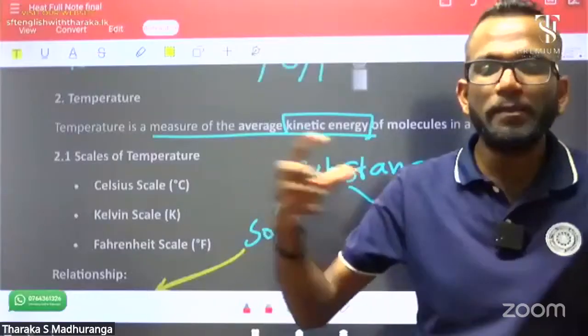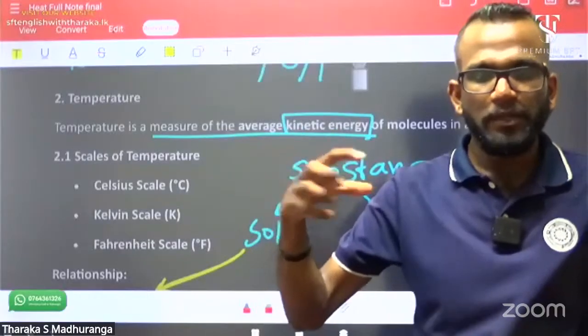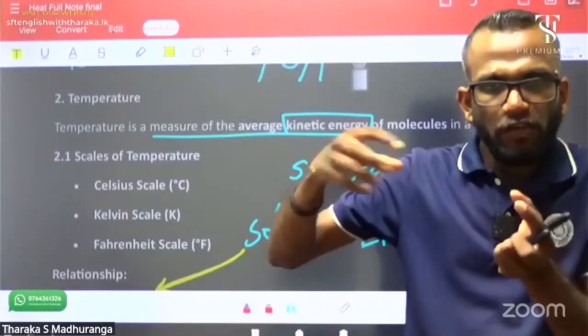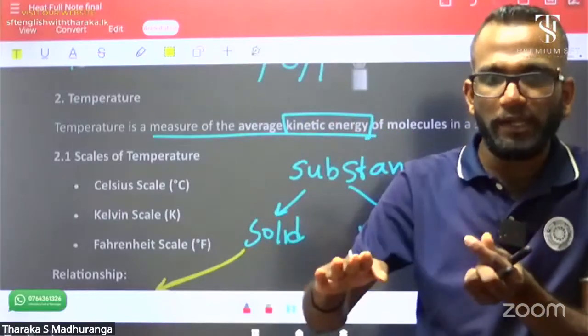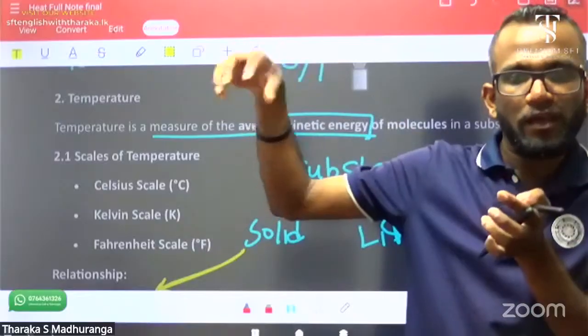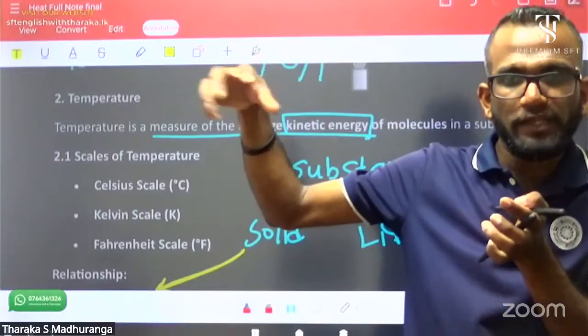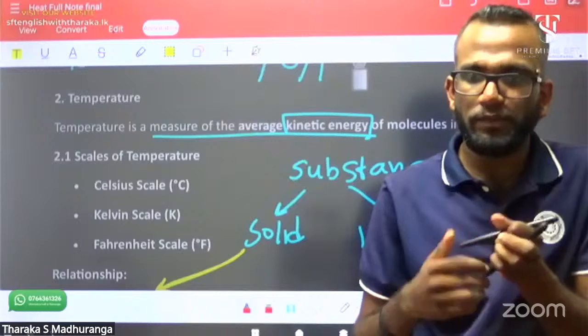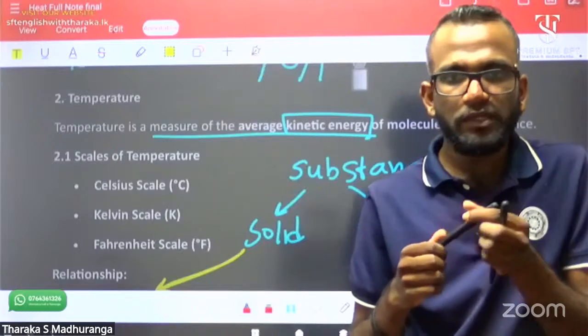That means a measure of vibration. If it is very low vibration, it has very low temperature. If it has a high vibration rate, it has a high temperature value.